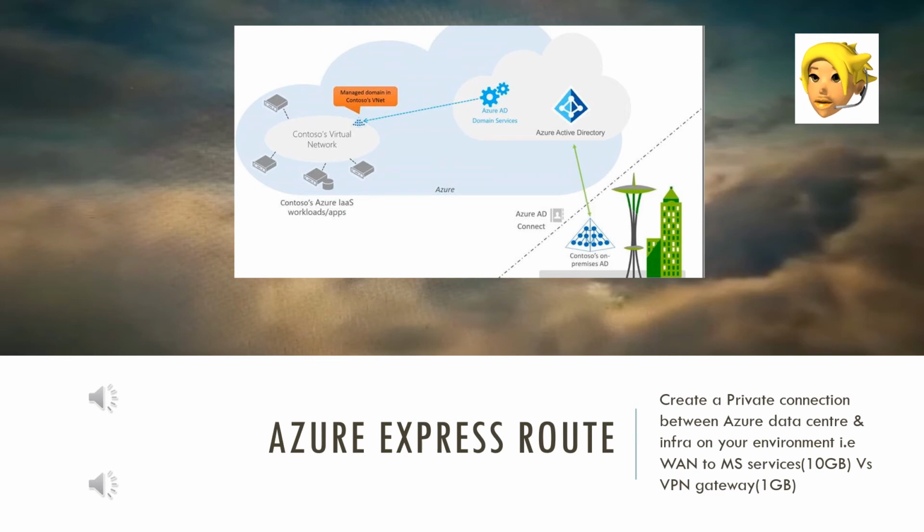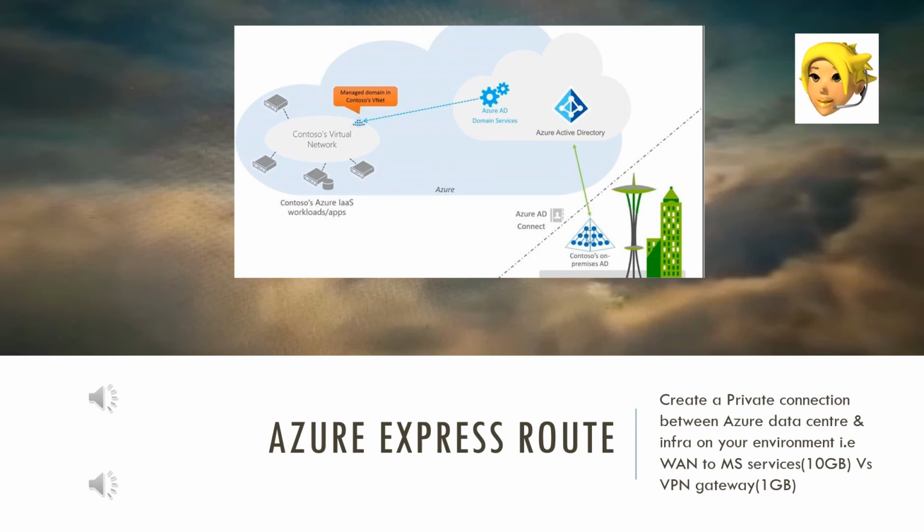And what you need to do is create a virtual network. So how will you create a virtual network? By using a resource group. You give the name, select the region, give the IPv4 address space, subnet name, and then the subnet address range you need to provide.